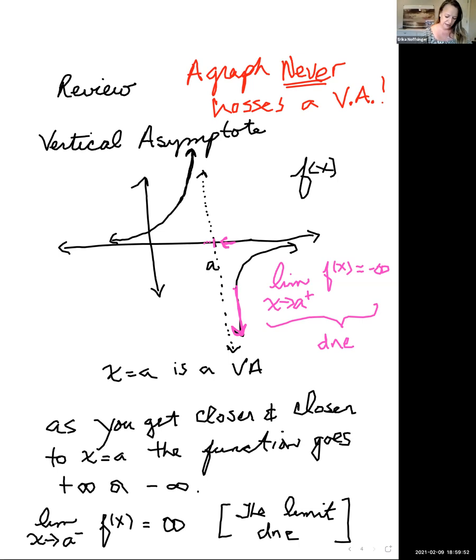So let me show you what a horizontal asymptote is really quickly.